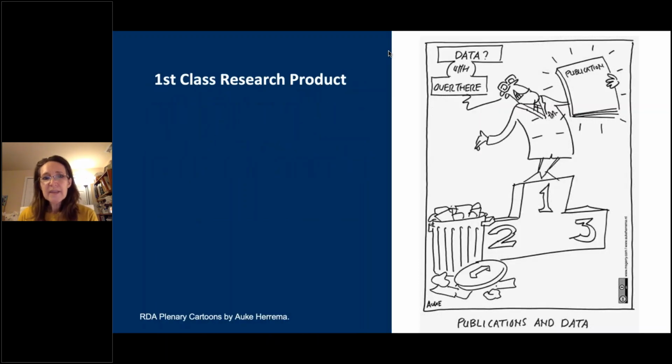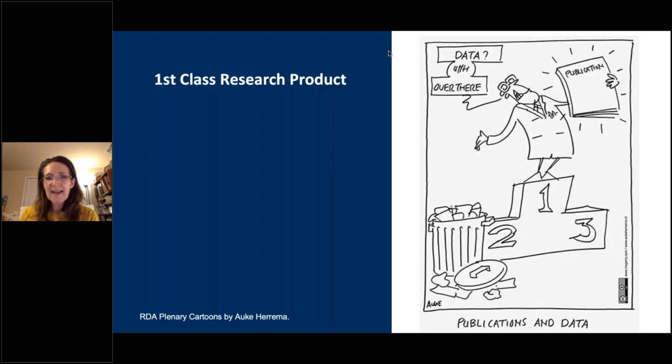So, data being a first-class research product, this image comes from the Research Data Alliance. One of their plenary sessions some years back, they had an artist working with them, and they talk about the fact that data is not treated as important as our scientific publications.